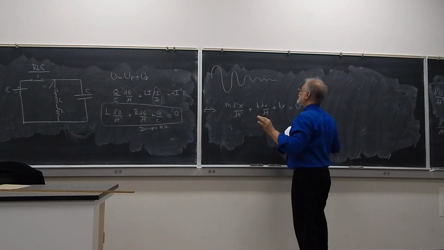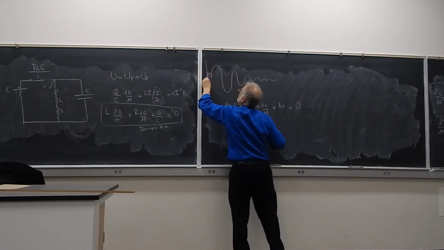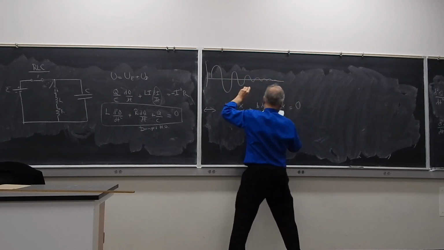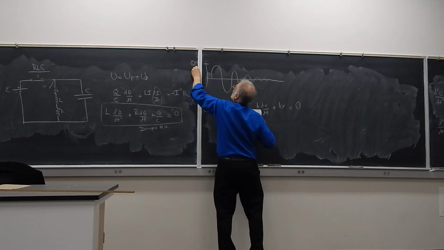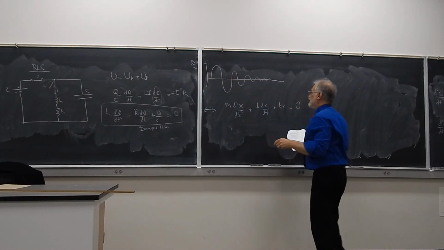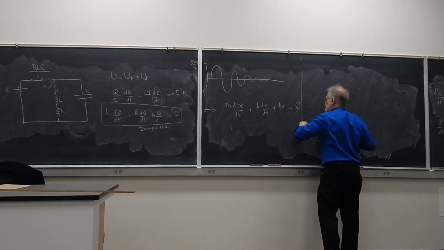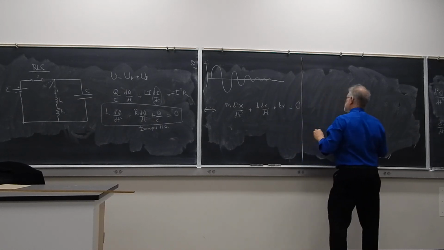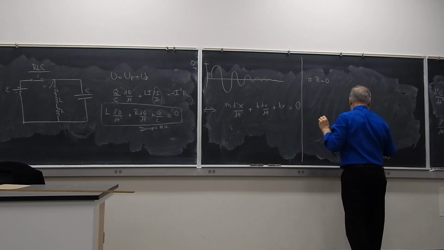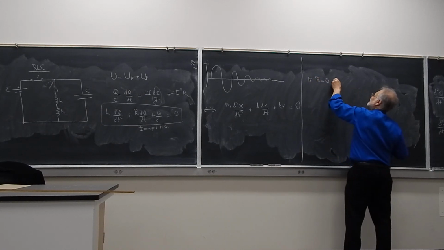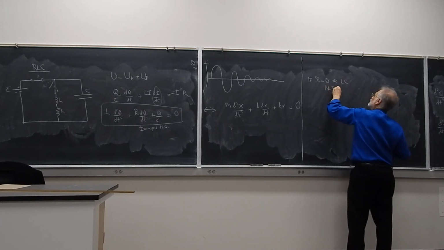And once again, what we see over time, instead of motion, in the case of an RLC circuit, is that my charge in the circuit decreases as a function of time. Now we have a couple of designations here. For example, if R equals 0, of course we just have an LC circuit again, and then we have no damping whatsoever.